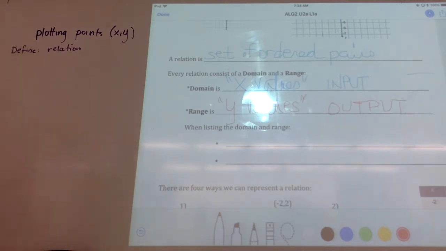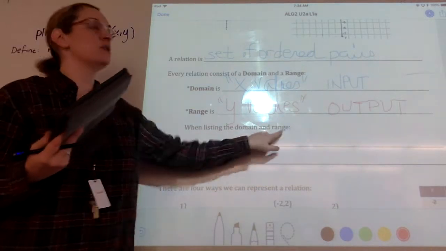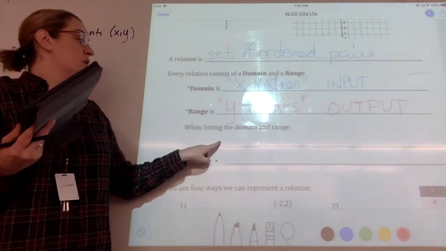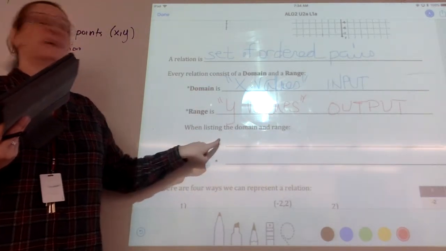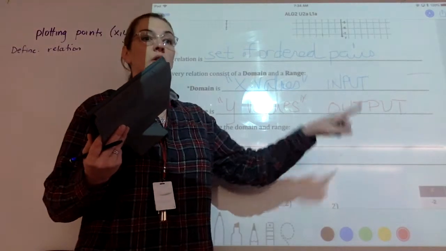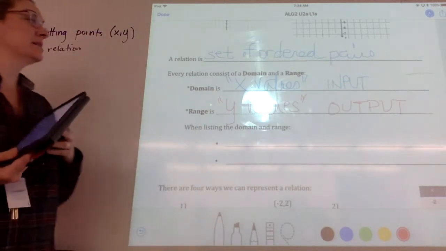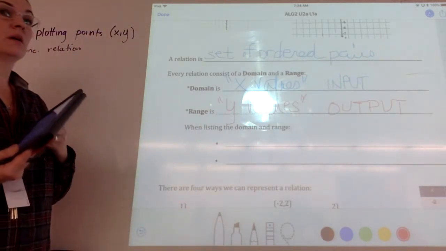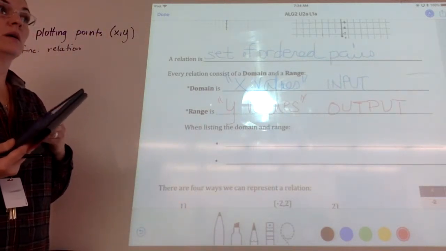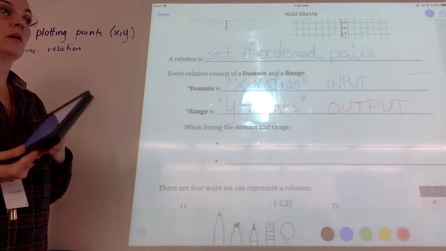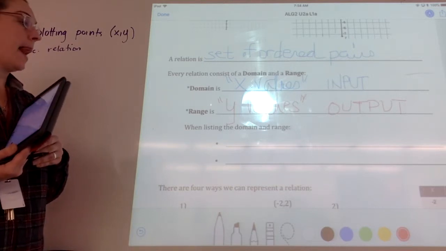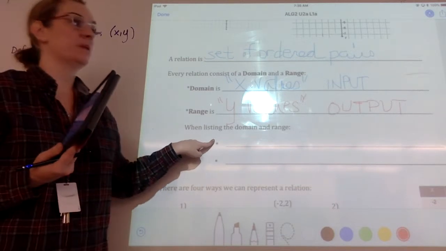All right, two things to know. I'm just going to say this verbally to save time. You can write this down. When listing the domain and range, first of all, we like to list the numbers in order. That's the first thing. So from lowest to highest on a number line, we like to list them in order.